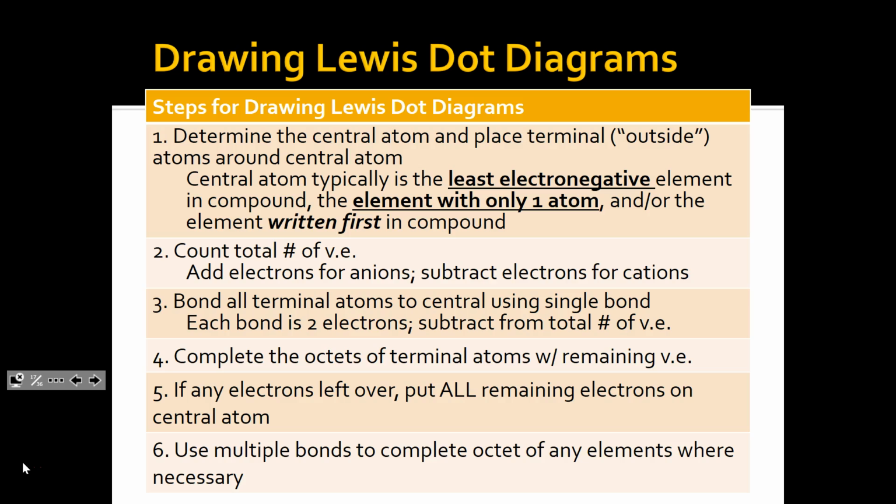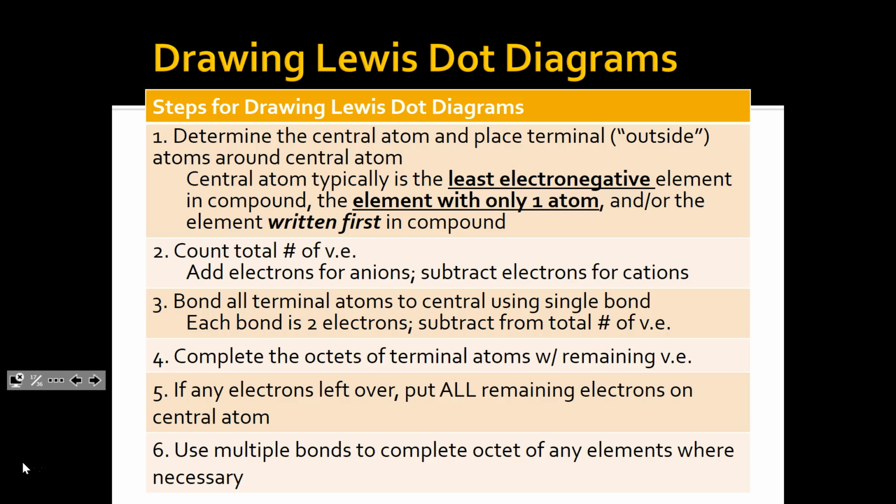And I say and/or because it doesn't necessarily mean that all 3 of those have to be the case. Those are just some general patterns. A common element that is the central atom is carbon, particularly when you're looking at organic compounds. However, there are other atoms that can be central as well, so those are the key things to look for.